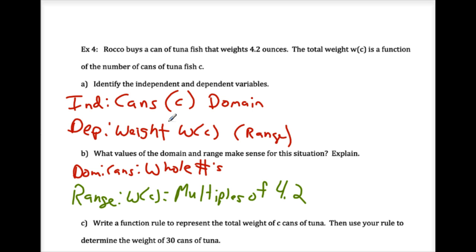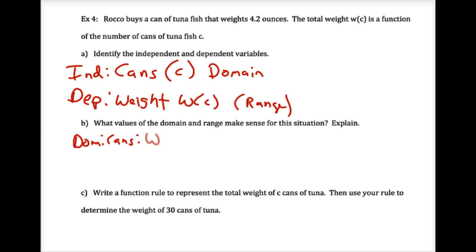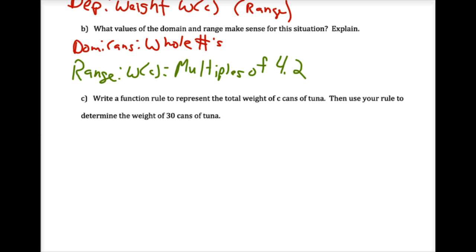All right, now, this is the one you guys are all going to get. Write the function rule to represent the total weight of C cans of tuna. W of C equals. Try to write the rule. What's the weight always going to be?